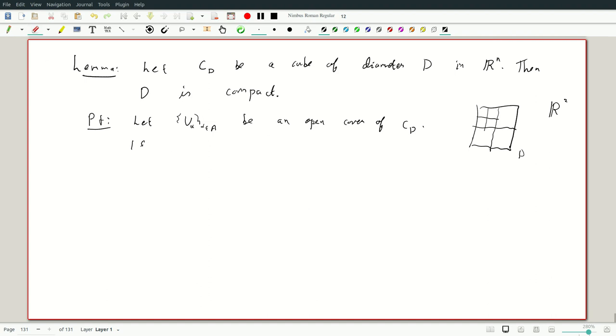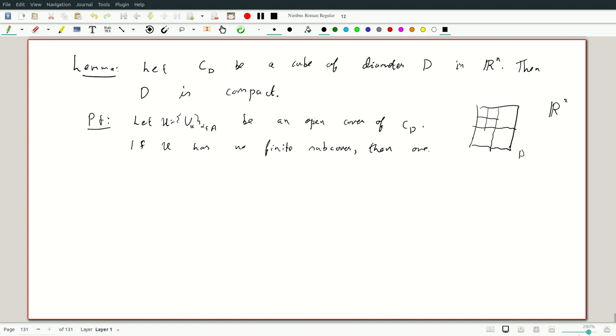Let's call this script U. So if script U has no finite subcover, then we'll break it into 4 cubes, or in general 2 to the n cubes.